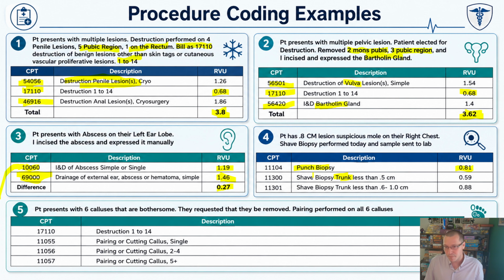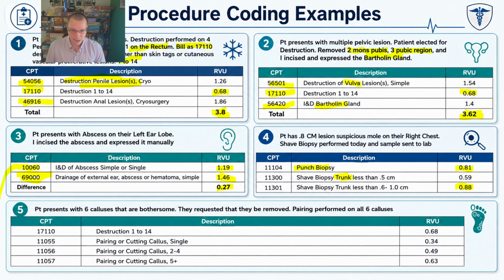No one's really going to complain about a bad scar on their trunk, but if you have a bad scar on your face, they're more likely to complain, and thus it has a higher RVU value. So this is the worst code possible to compare it to, being a trunk code. And as you can see, as soon as we get to the second level of code, it's already a higher RVU value. So always report your biopsies to the highest level possible.